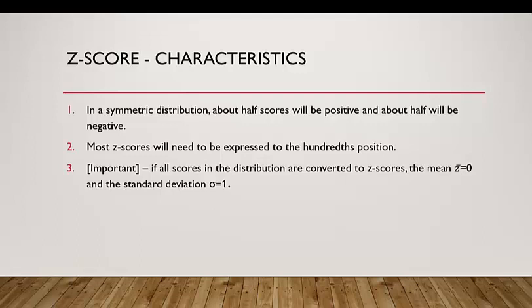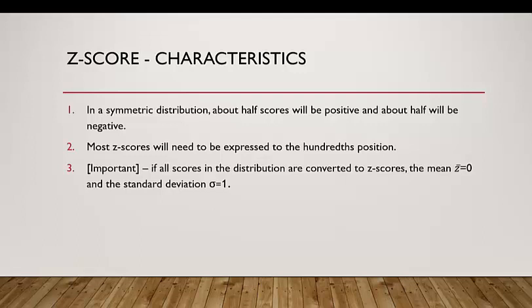When we were talking about Jerry and John and their questions, the mean answer correct was 50 and the standard deviation was 6. When we converted those to z-scores, then magically our mean is 0 and our standard deviation is 1.